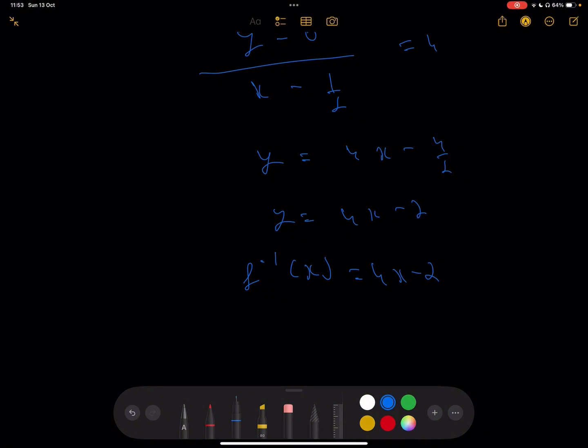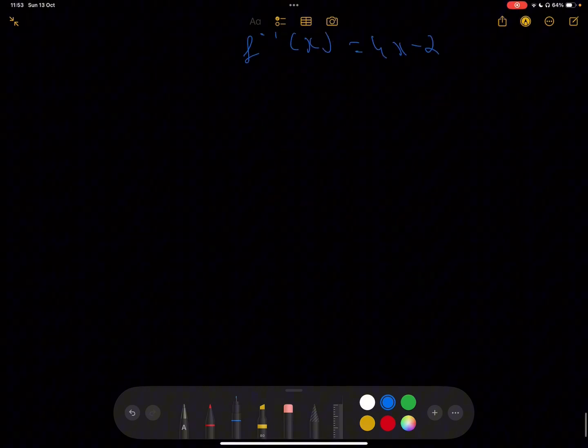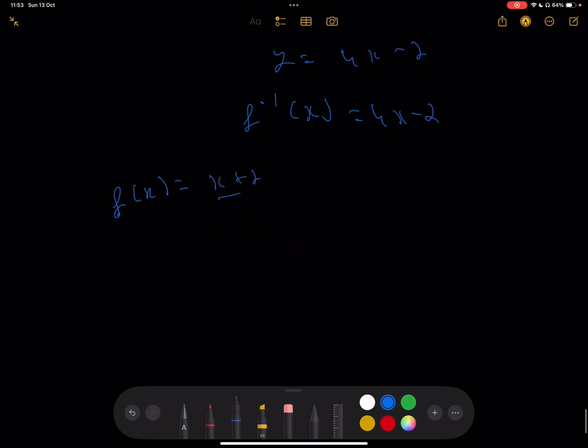Now, part C would be something as follows. Part C would probably be something like, find the inverse function of f of x using variable interchange. And we know that variable interchange is simply swapping x and y values. So we have a function for f of x, which is equal to (x plus 2) over 4. So f of x is equal to y, which is equal to (x plus 2) over 4.